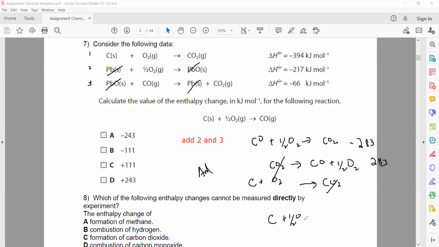So we are left with half oxygen and it gives carbon monoxide. This value was minus 394. So when we solve this, we'll get minus 111. So the answer for this one will be B. So this is one way, using a simultaneous equation, we can solve this question.